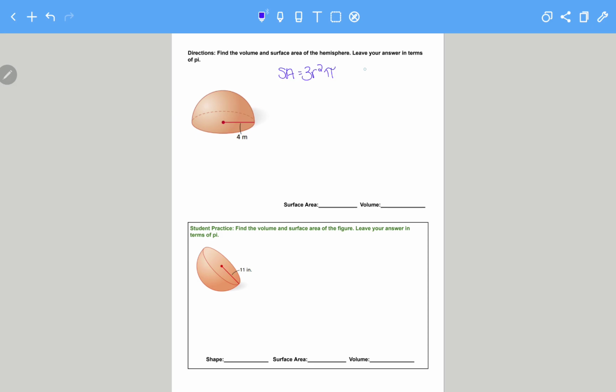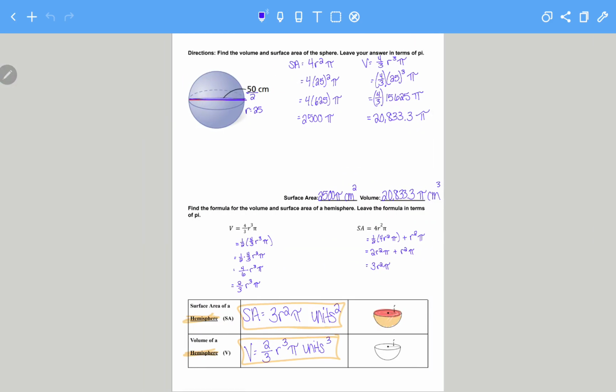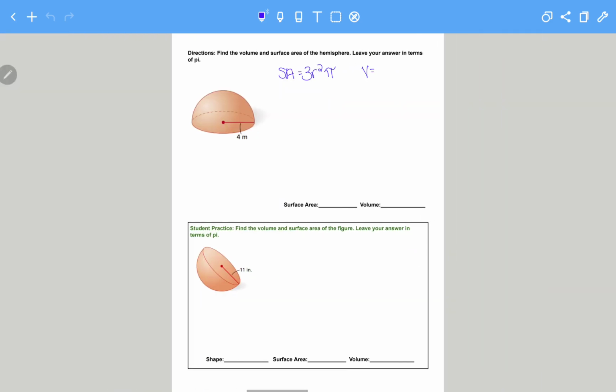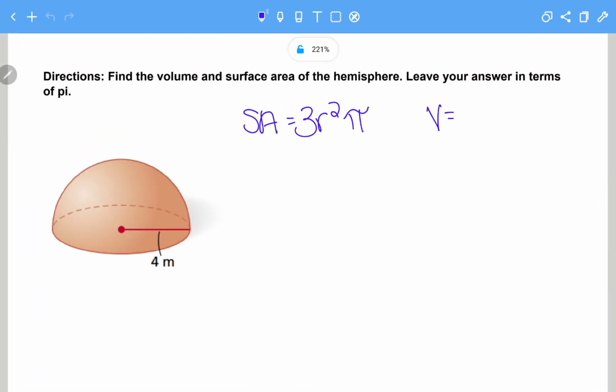Although it will be easier if you just know them. So I do recommend writing them down. Your volume formula is 2/3 r cubed pi.